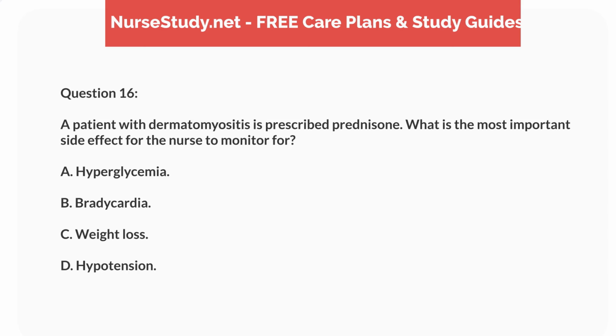Question 16. A patient with dermatomyositis is prescribed prednisone. What is the most important side effect for the nurse to monitor for? A. Hyperglycemia. B. Bradycardia. C. Weight loss. D. Hypotension.